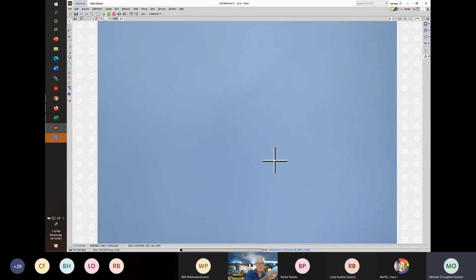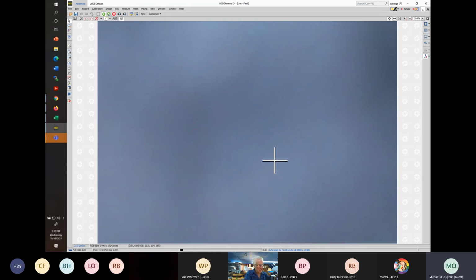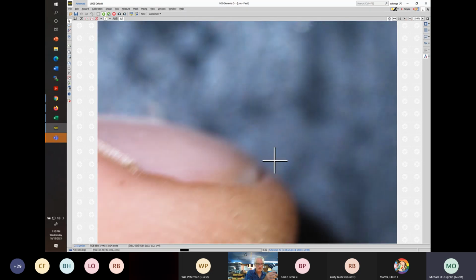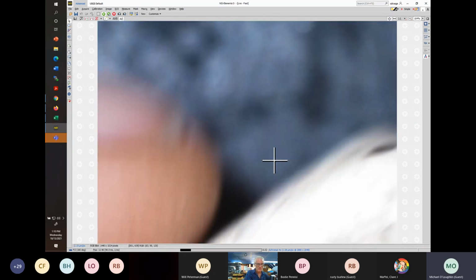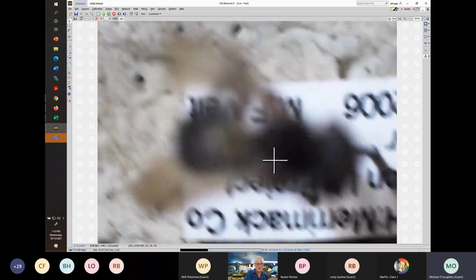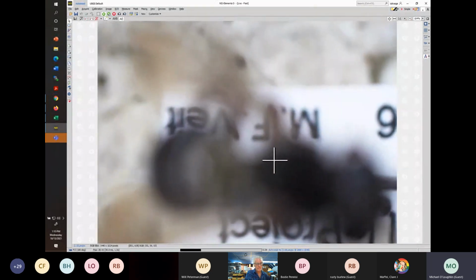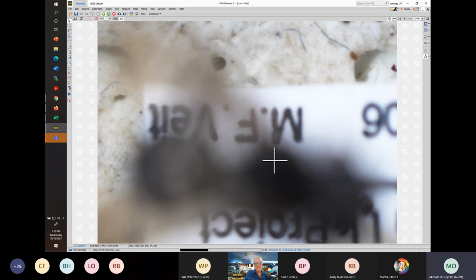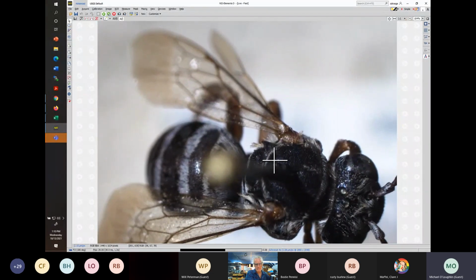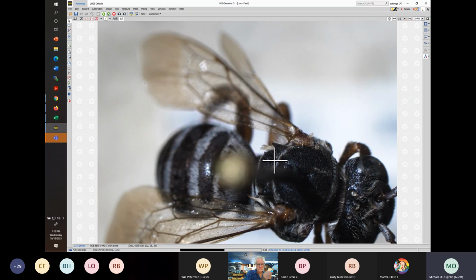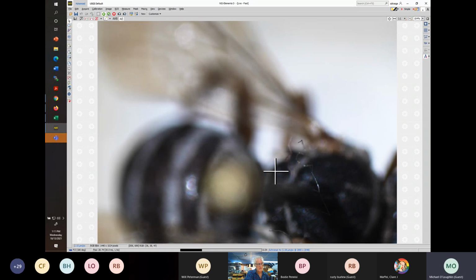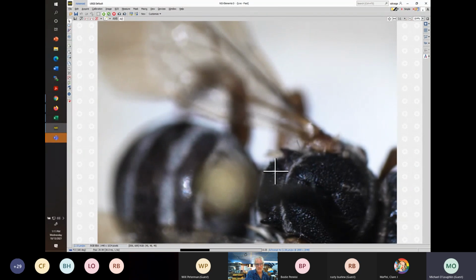So it's one of these things where we don't have super great characters to tell them apart, although the simple mandible is potentially good, but I believe some of the Epeolus species do not have simple mandibles, whereas most potentially do. After a while, I never look at the mandible because most of the time you look at it and go, oh, that's an Epeolus.